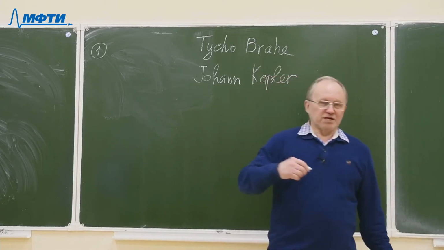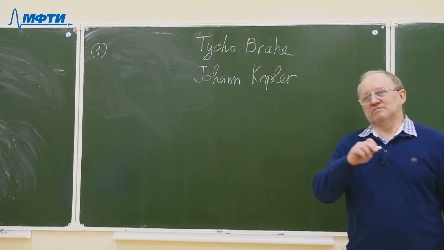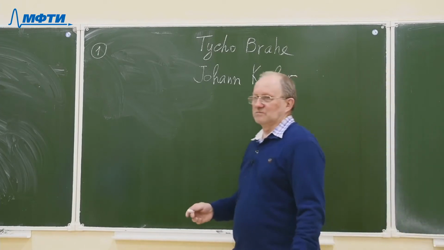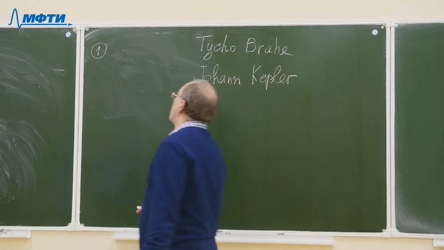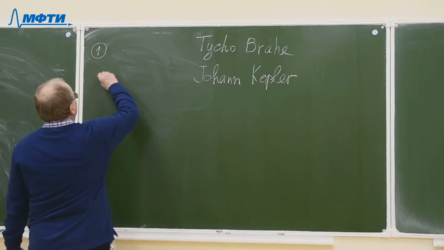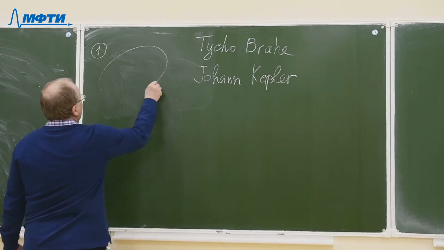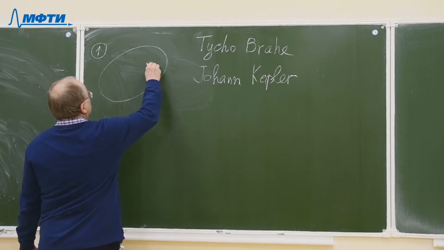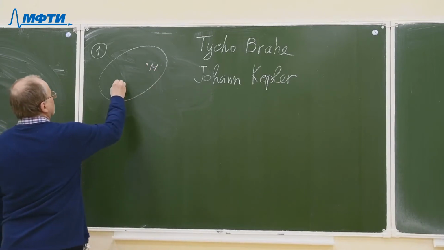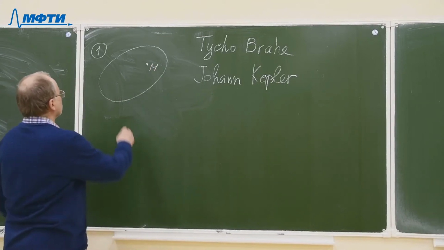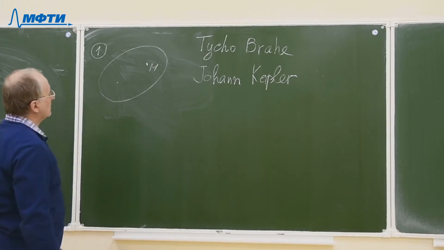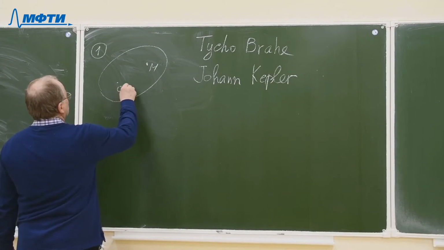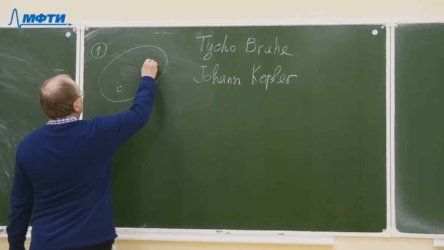And also this trajectory in a plane is described by an elliptical curve, is an ellipse, such that the sun is in one of the focal points of the ellipse. There is another focal point where there is nothing. An ellipse has two focal points. For example, point C, which is empty, and point M, where there is the sun.